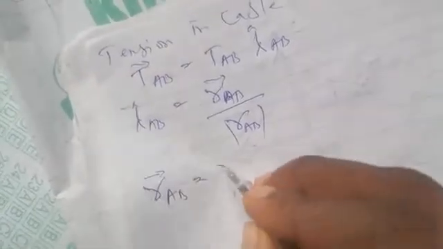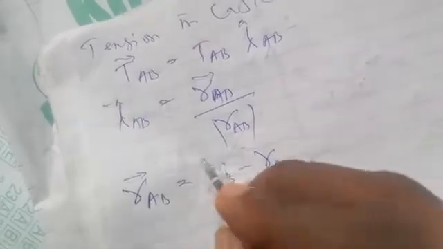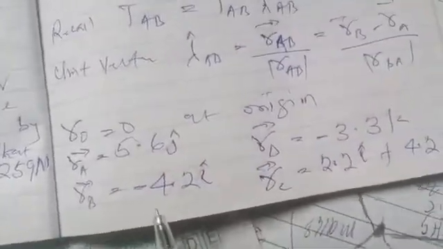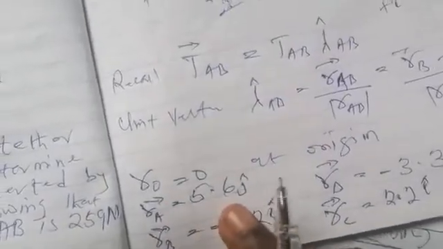Okay, so the position vector in AB, R_AB, I've told you, is equal to R_OB, the final position always, minus the initial position. So R_OB minus R_OA. We obtained R_OB to be minus 4.2 i, minus R_OA. R_OA stands for 5.6 j.